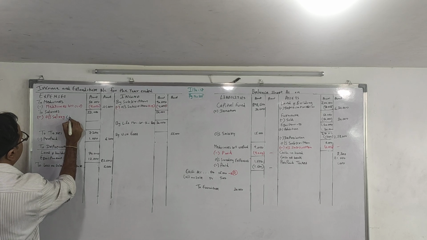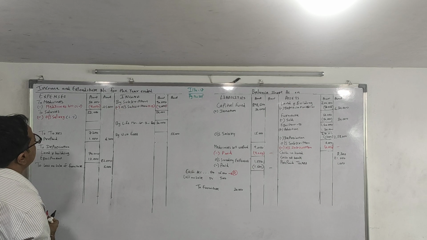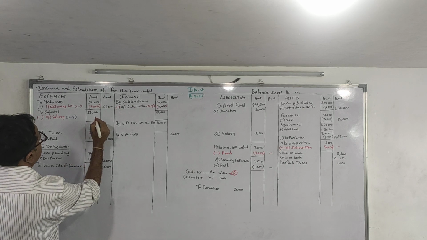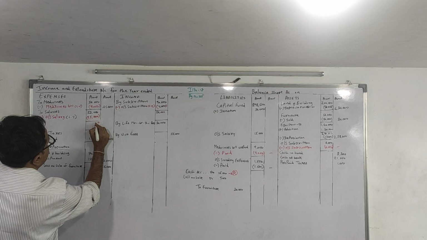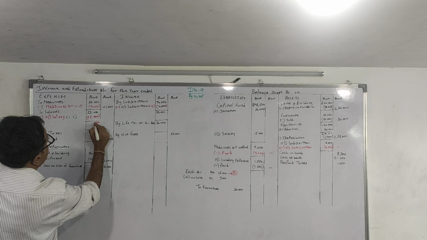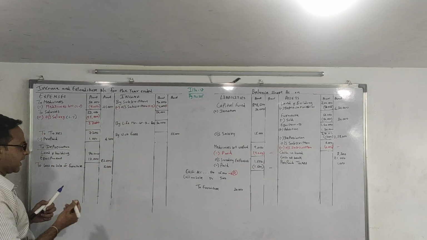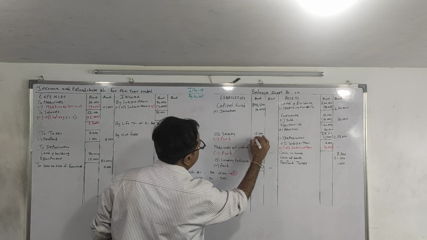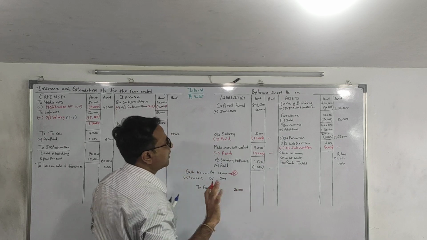It is not of current year. 52,000 minus 15,000, 37,000. Now second effect, less paid. Outer column dash.